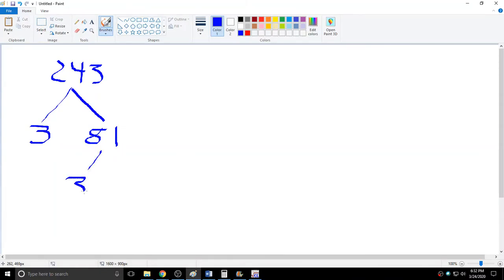It's 3 times 27. And 27 is divisible by 3. It's 3 times 9. And 9 is divisible by 3. So the only prime factor that 243 has is 3 itself. So prime factors of 243, only 3.